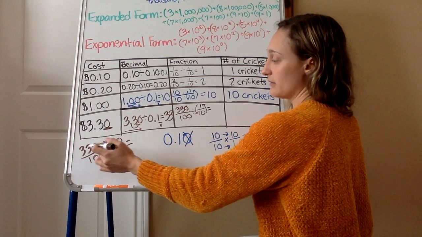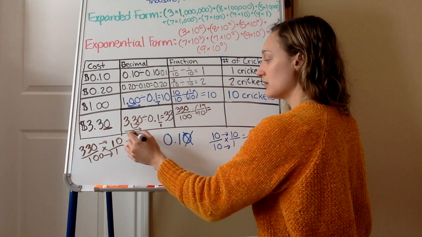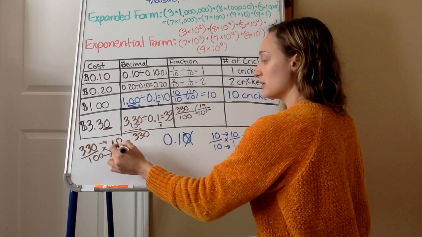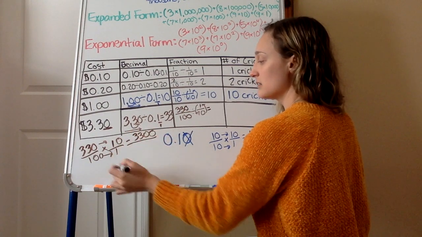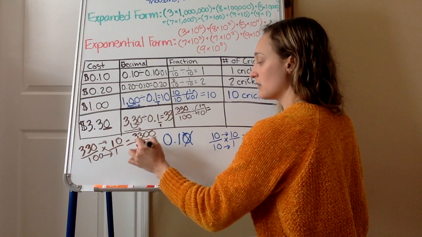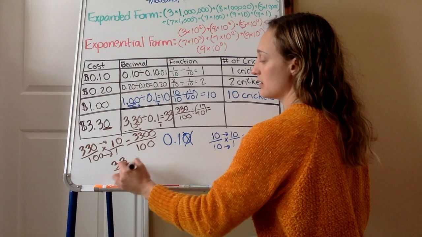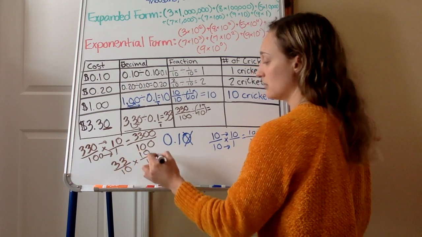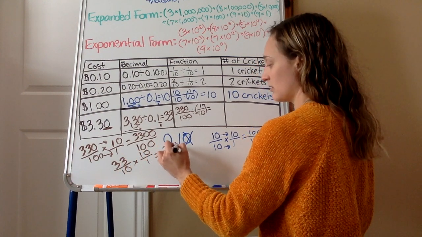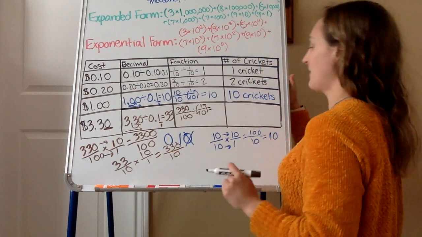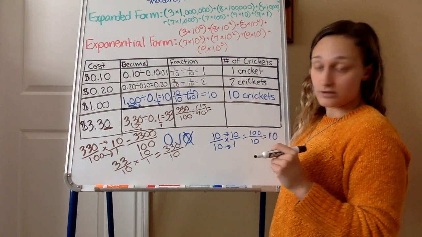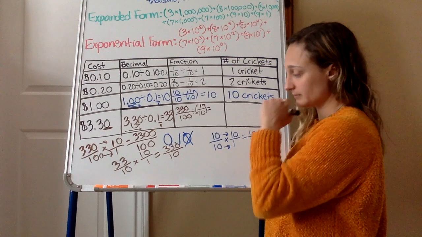So we now have 330 times 10 over 100 times 1. It's going to look like I added a 0. Or you're doing 33 over 10 times 10 over 1, which gives you 330 divided by 10. These should give you the same exact answer because, again, it's division.